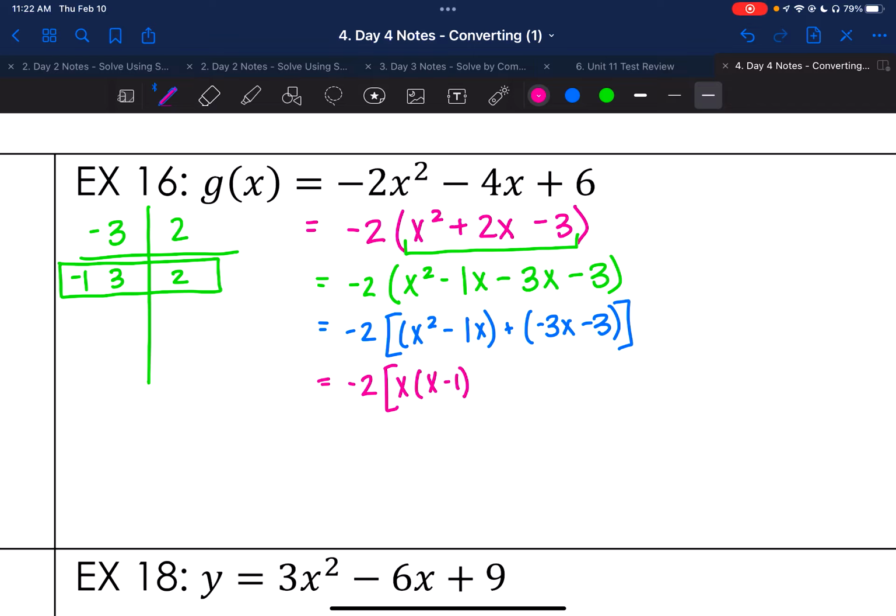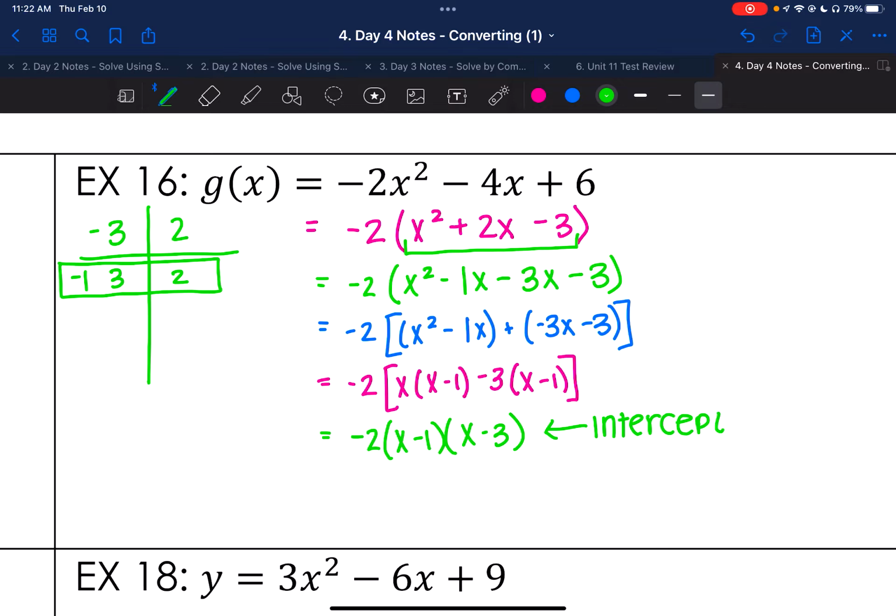My GCF from my second group is going to be -3, leaves me with x minus 1. And then I will factor out my funny GCF, which is x minus 1, and I'm left with x minus 3. And this is now intercept form. And my two x-intercepts are x equals 1 and x equals 3.